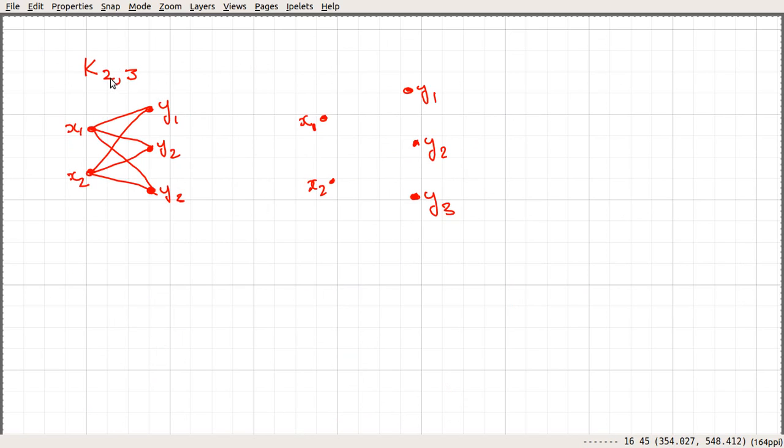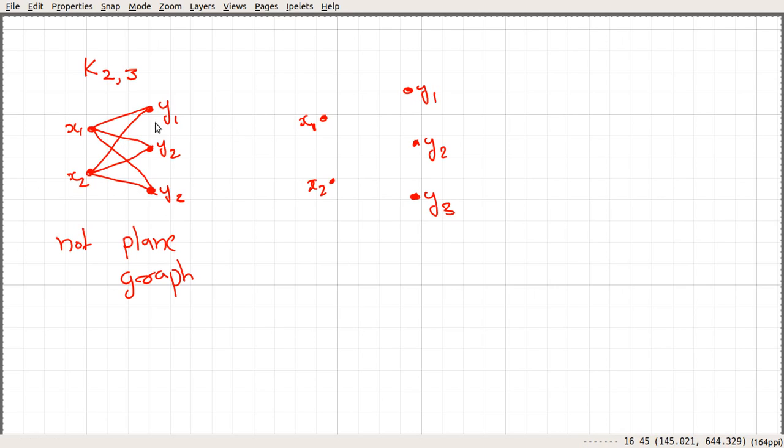Let's look at this K2,3, a complete bipartite graph with two vertices in one partite set and three vertices in the other. This is one drawing of K2,3, but it is not a plane graph, though it is a planar graph.